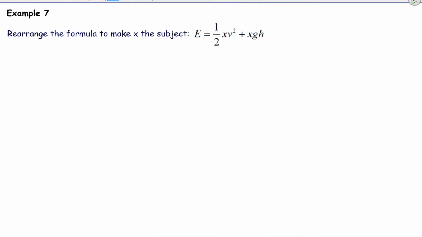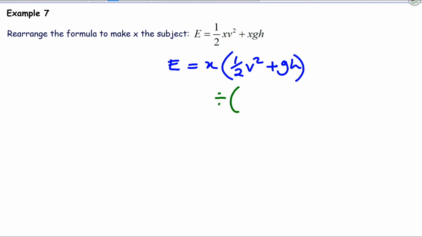Example 7, rearrange the formula to make x the subject. So the first step will be to factorize x from the right hand side. So what we shall end up with is e is equals to x into a half v squared plus gh. The opposite of multiplying by a half v squared plus gh is to divide by a half v squared plus gh.